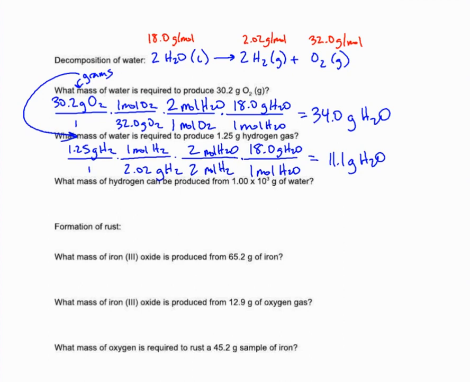Third one, what mass of hydrogen, we're still talking about grams here, can be produced from 1.00 times 10 to the 3rd grams of water? We have a mass here. It's in scientific notation, but other than that, it's going to work the same. Use the molar mass to change it to moles.